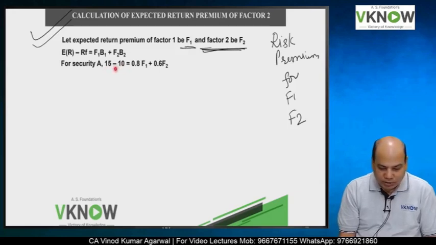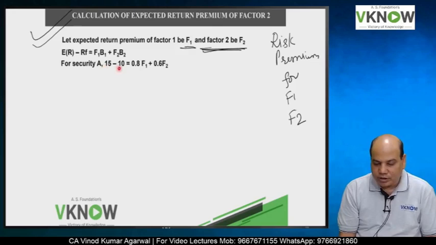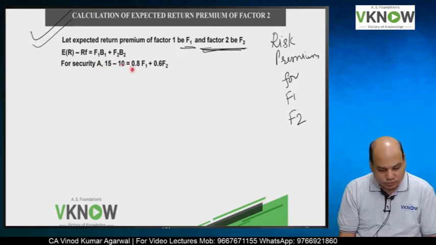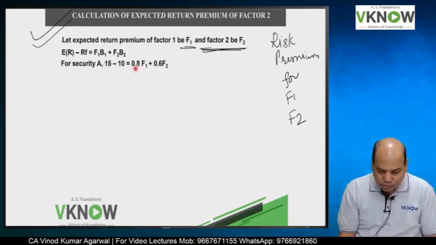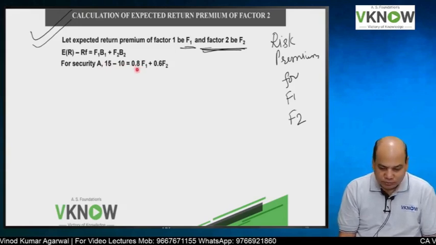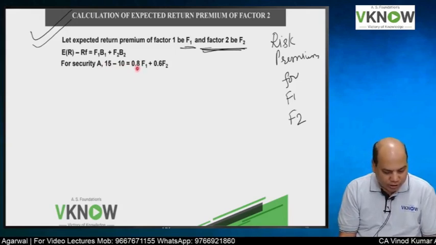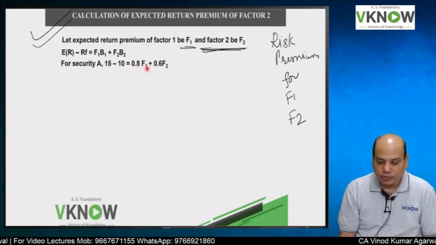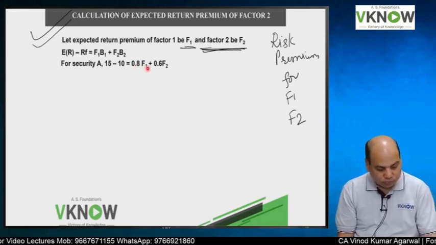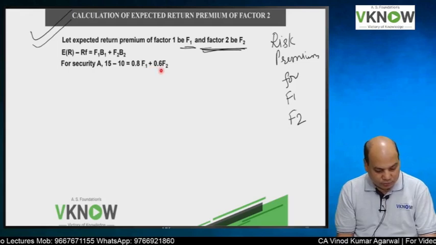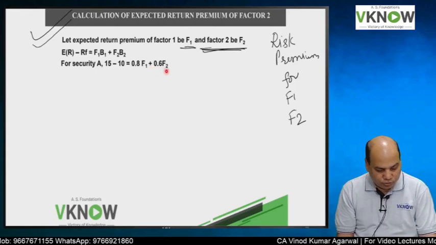Minus risk-free return 10% is equal to 0.8, factor 1 beta 0.8 in the question, into F1 plus 0.6 into F2.